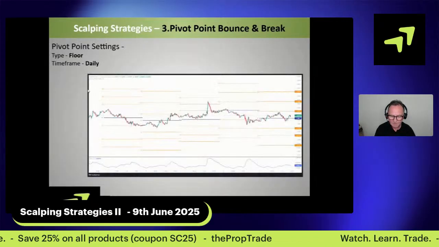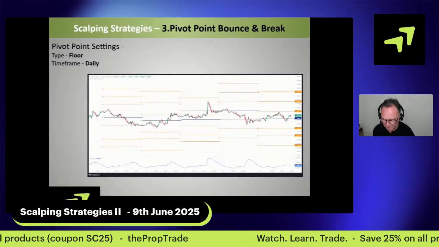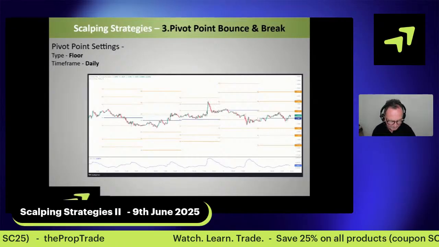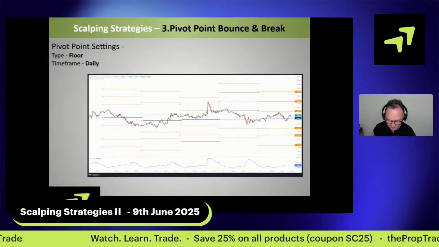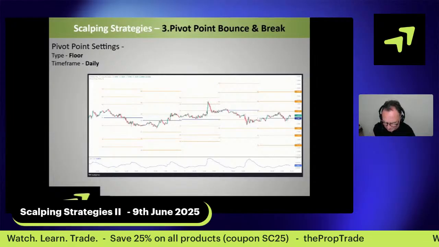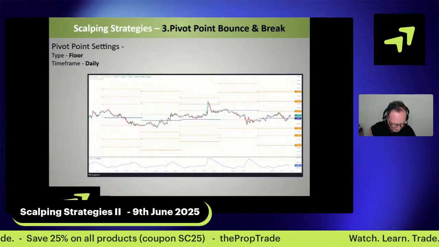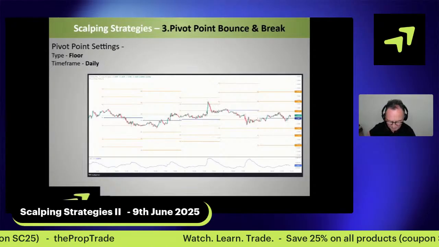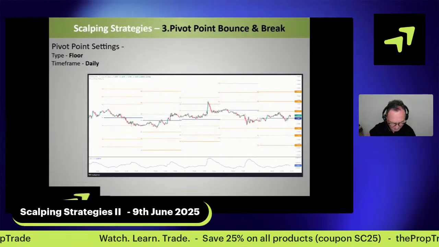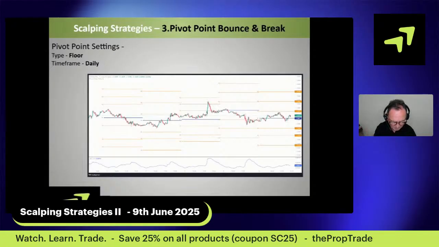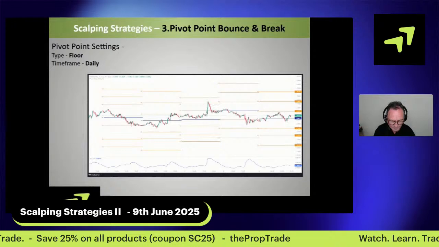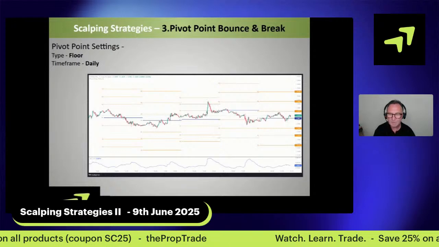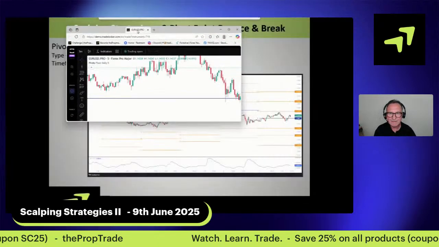So actually, let's just bring in my trading platform. Let's look at the pivot point setup. Okay. So just close that for a minute. And it's probably easy to bring this, and I'll come back to the slides in a minute.